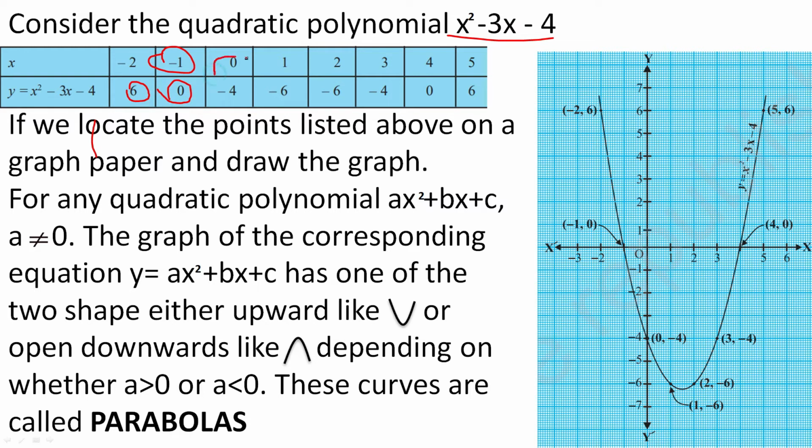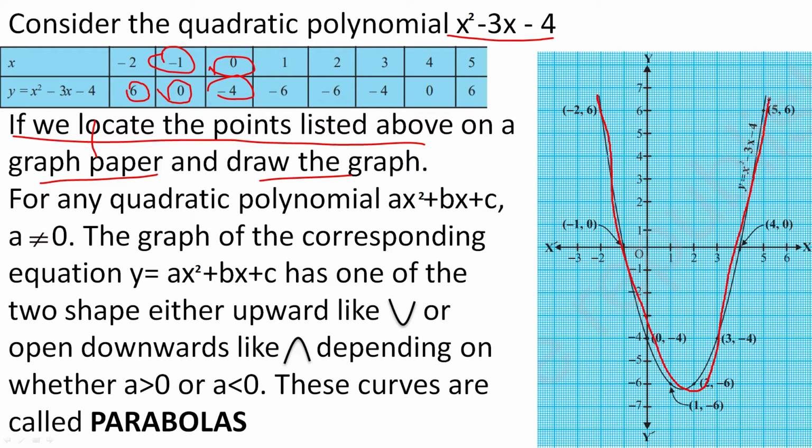If you put 0, you will get minus 4. Like that you can get many points. If we locate the points listed above on graph paper and draw the graph, it will come like this.